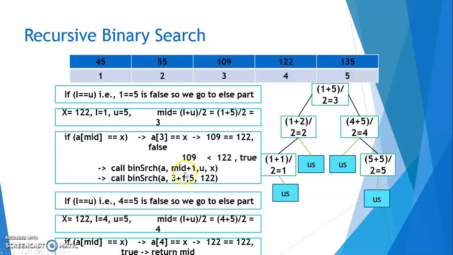Now the lower bound is 3 plus 1, which is 4, and the upper bound is 5. So now we compare 4 with 5. 4 is not equal to 5, so we go to the else part. The item to be searched is 122, L is 4, U is 5. Now we calculate the midpoint.